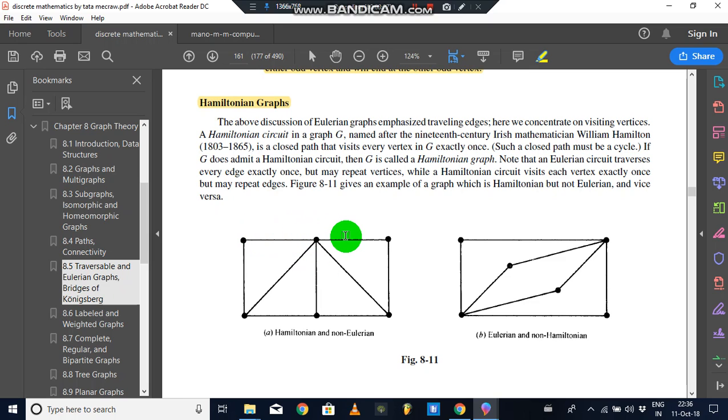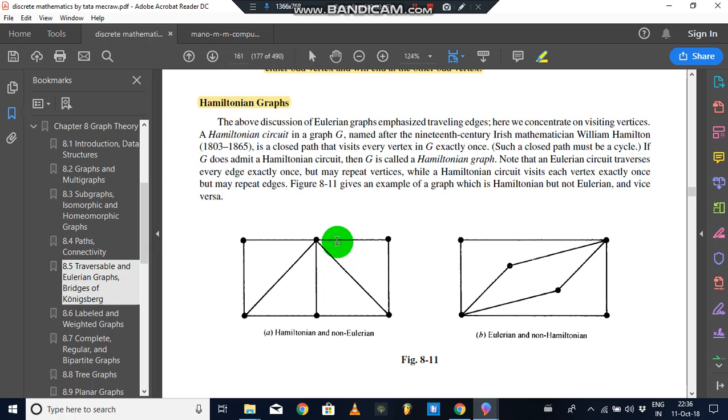A Hamiltonian circuit in a graph G is named after the 19th century Irish mathematician William Hamilton. The name Hamiltonian is taken from the scientist who discovered this graph. A Hamiltonian circuit is a closed path that visits every vertex in G exactly once.